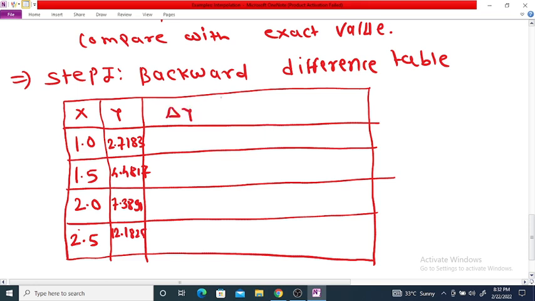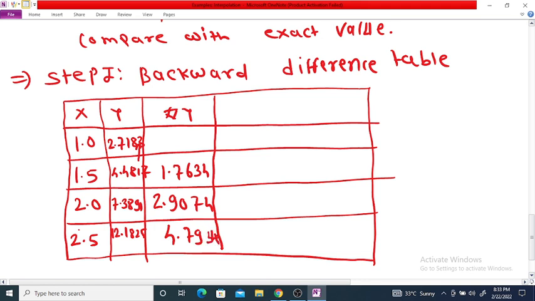The first backward difference is: 4.4817 minus 2.7183 is equal to 1.7634. Then 7.3891 minus 4.4817 is equal to 2.9074, and 12.1825 minus 7.3891 is equal to 4.7934.